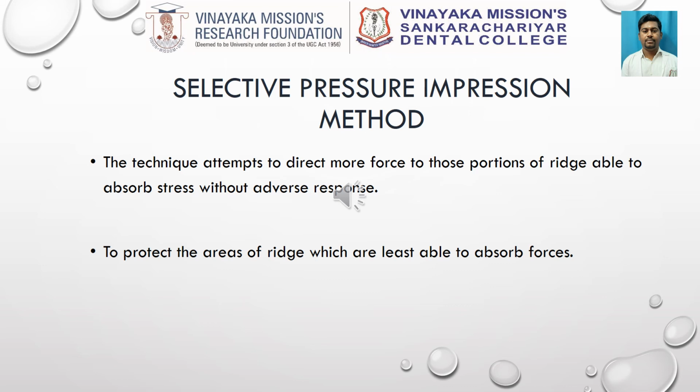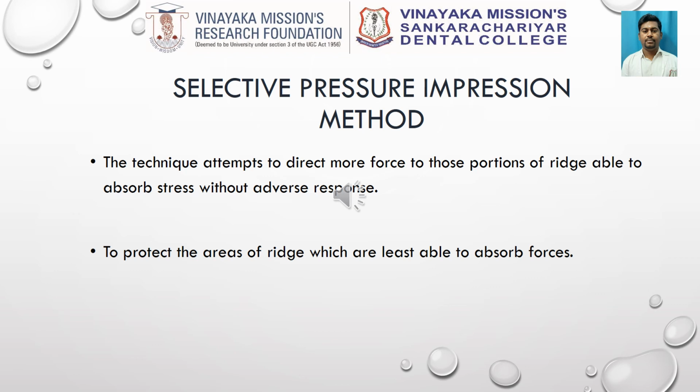So that is why, in the edentulous part of the mandible, the retromolar pad and the areas in its vicinity, we know that the retromolar pad is a stress bearing area. So more occlusal load must be transmitted to your retromolar pad, which is a stress bearing area.